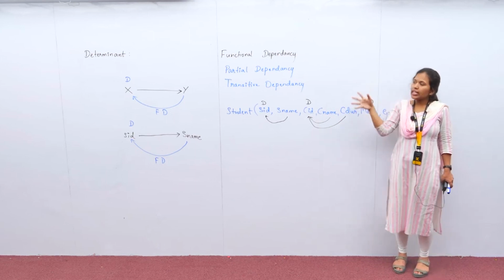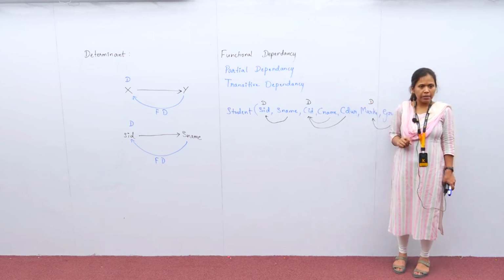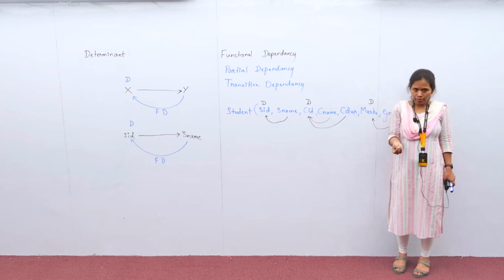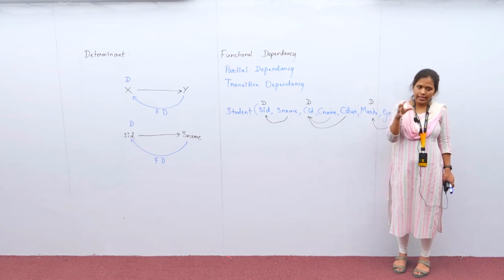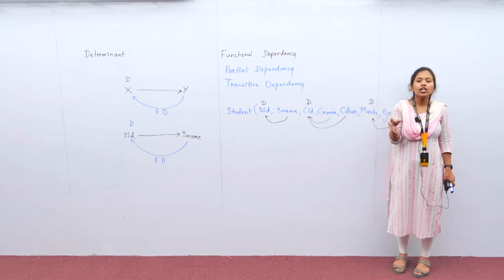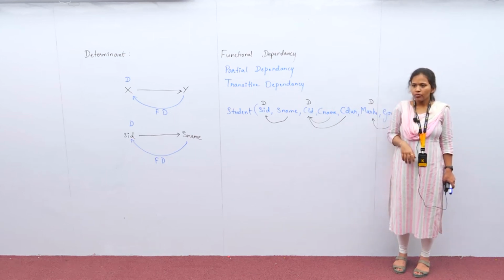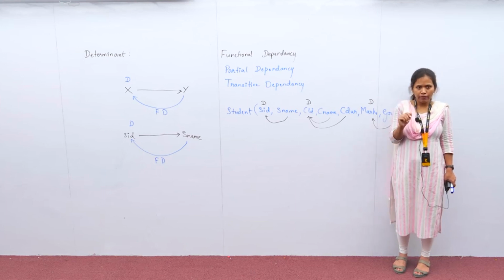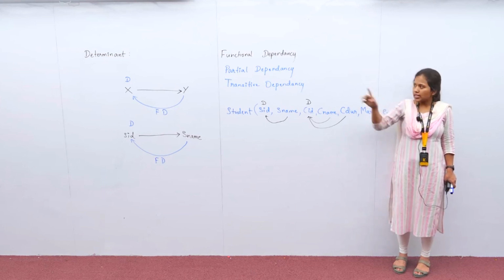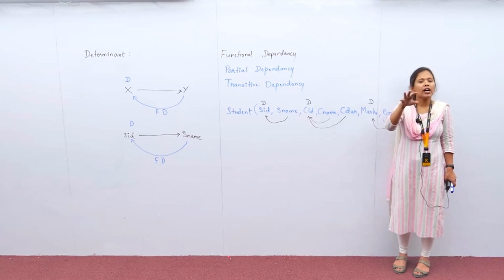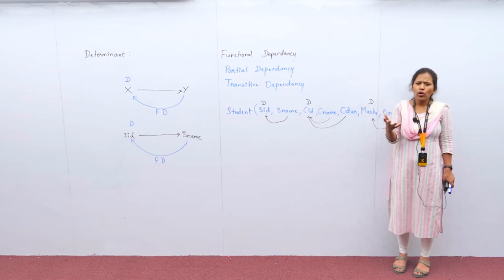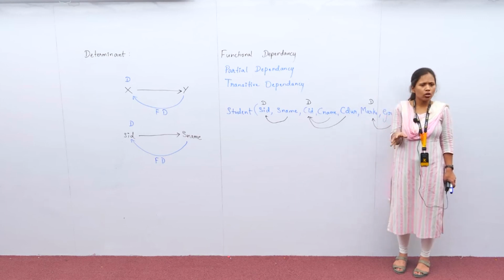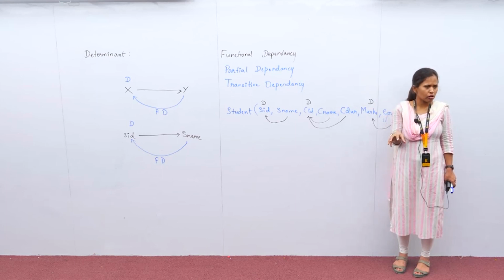So now, what is partial dependency if you ask me? Partial dependency is nothing but more than one determinant existing within the same relation or the same table. You call it partial dependency. Because in the second normal form, 2NF, this is one condition: there should be no partial dependency. How to overcome that, I'll be telling you once we start with the normalization process.